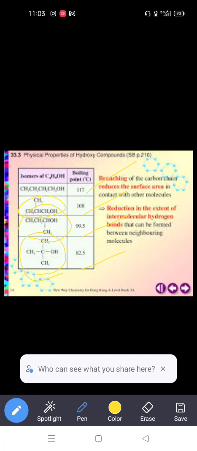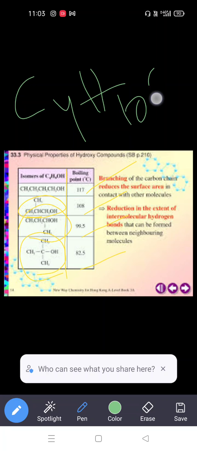So with the same molar masses, these are all constitutional isomers of butanol. The general molecular formula is C4H10O, but they are different constitutional isomers of the C4H10O compound. And what is happening here?